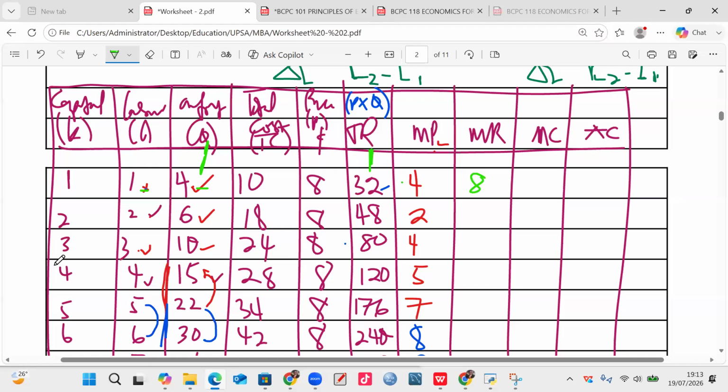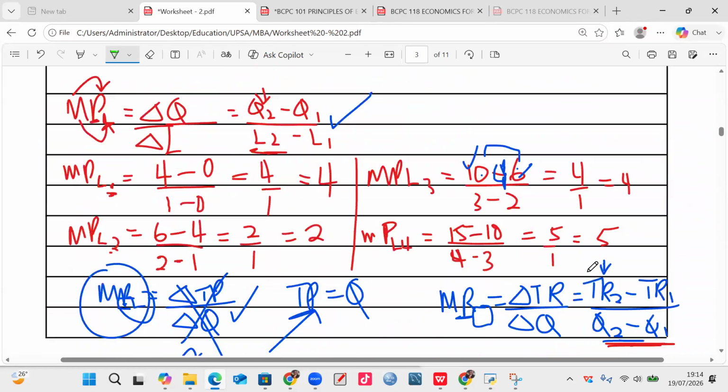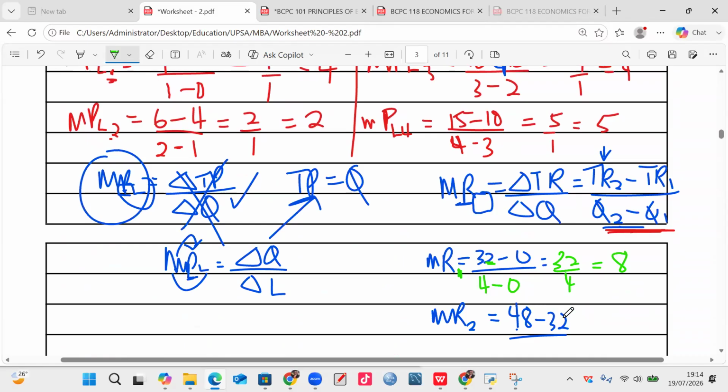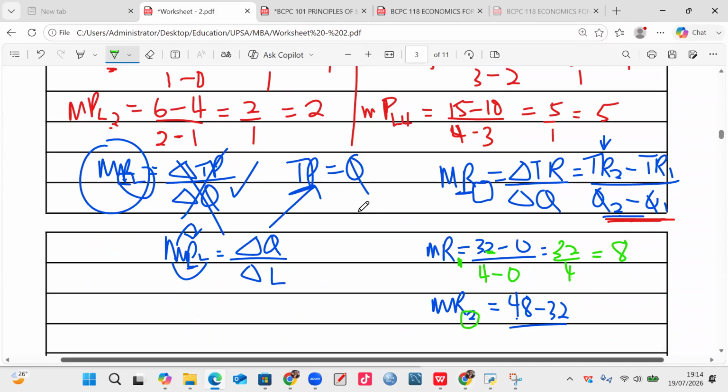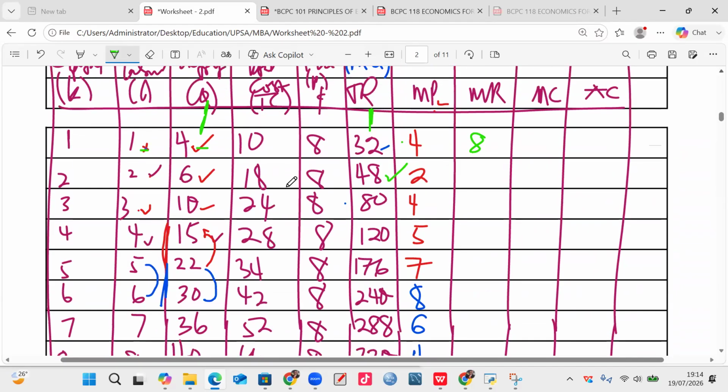Let's go to marginal revenue labor 2. The total revenue is 48 and the previous is 32. I've written it. Then the current quantity at labor 2, what's the current quantity? 6.